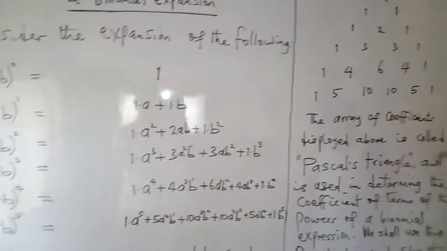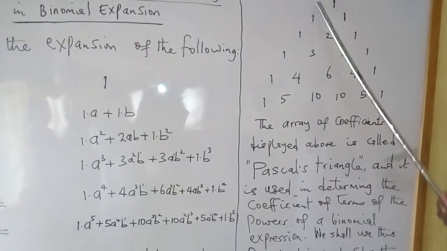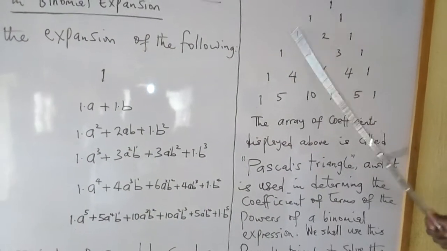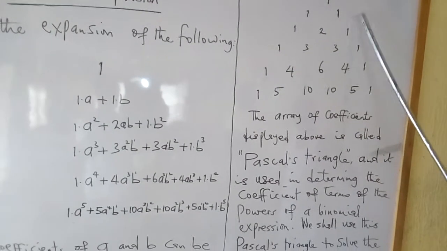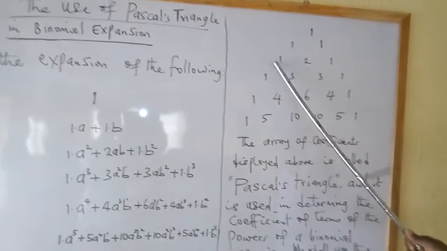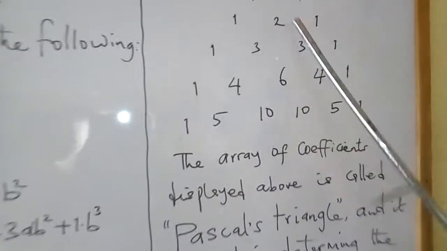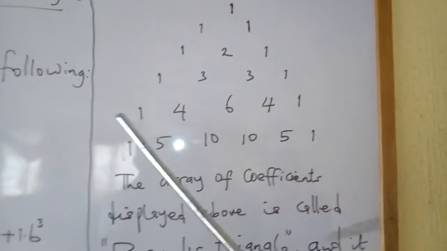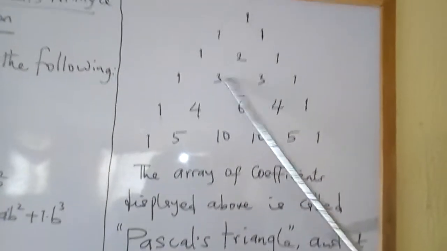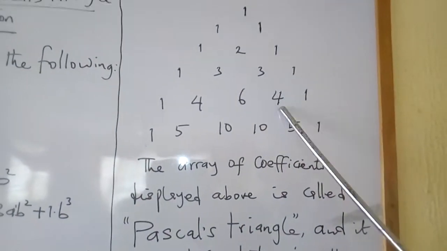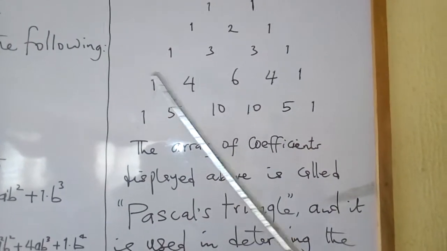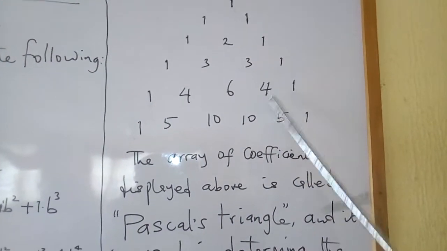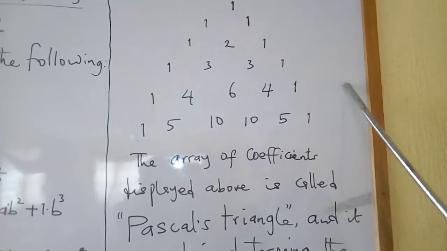Since you know that a raised to power 0 is 1, you can now say: nothing plus 1 is 1; nothing plus 1 is 1; 1 plus 1 is 2; 1 plus 2 is 3, 2 plus 1 is 3; 1 plus 3 is 4, 3 plus 3 is 6, 3 plus 1 is 4; 1 plus 4 is 5, 4 plus 6 is 10, 6 plus 4 is 10, 4 plus 1 is 5.